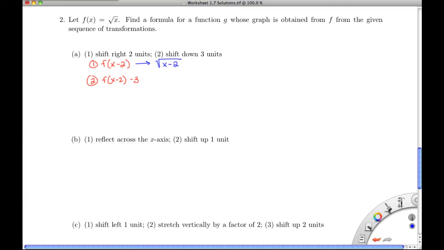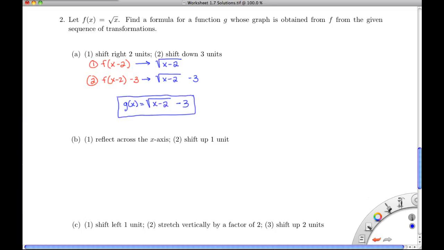And again, if we put this along with our square root function, we take f, we evaluate it at x minus 2, and then we subtract 3 from it. So that minus 3 is on the outside of the square root function. And now we're done. So we've done all of the transformations. So in the end, this new function g of x is going to be the square root of x minus 2, minus 3. So that would be our transformed function.